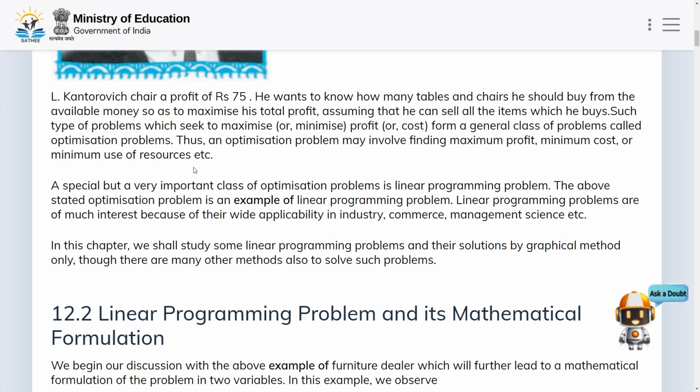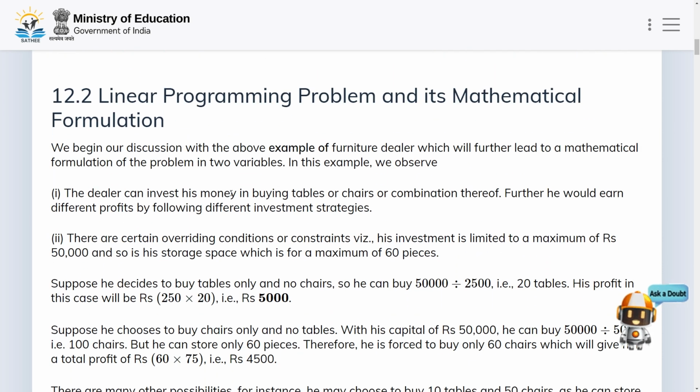I hope now you are able to see the class of applications you will have throughout this whole chapter, linear programming. You will be maximizing your profit and minimizing your investment.